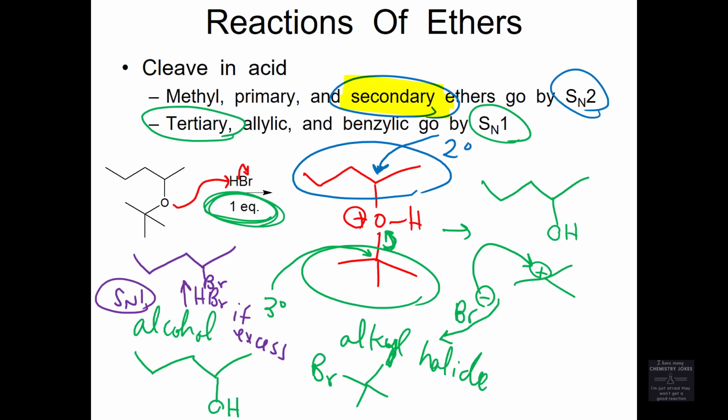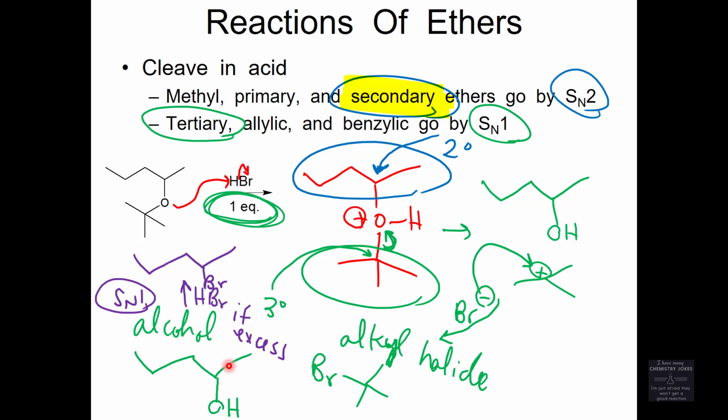Secondary ethers do SN2. I'm going to repeat that, even though you can rewind. Secondary alcohols do SN1. Secondary ethers do SN2. So even though this side was secondary in an ether, it would say do SN2. Now that this side is an alcohol, it would say do SN1. So be wary of that.